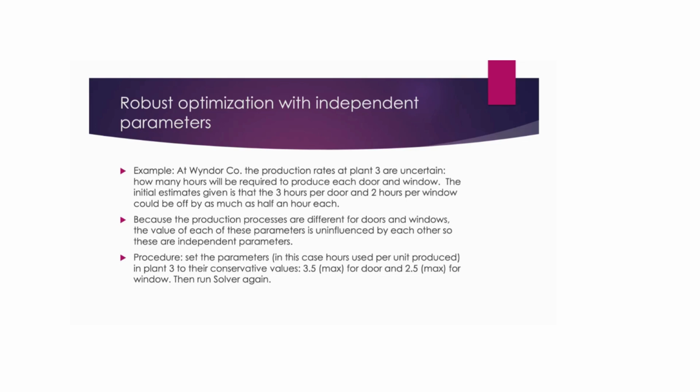Now, we're referring to the left-hand side here, which refers to the hours required to process the windows and doors in Plant 3. Because in the right-hand side, we have the available hours.